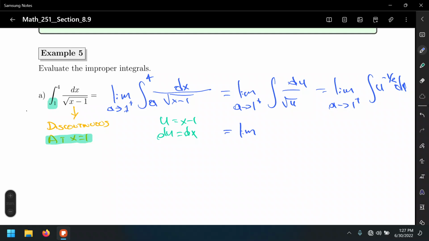So that's the limit, in this case a approaches 1 from the right, of u to the 1/2 over 1/2. Let me simplify this. Dividing by 1/2 is the same as multiplying by 2.